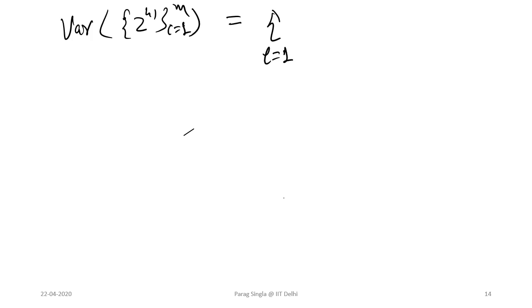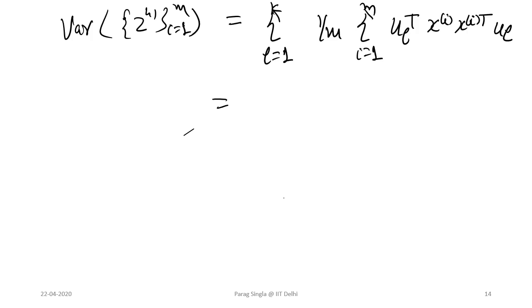Let me just take a couple more minutes to bring it to a logical conclusion. So this was our variance over zi's, i equal to 1 to m. This is the total variance in the projected space, and this was nothing but the sum over l equal to 1 to k, 1 by m, and then the sum over i equal to 1 to m of ul transpose xi xi transpose ul, right?